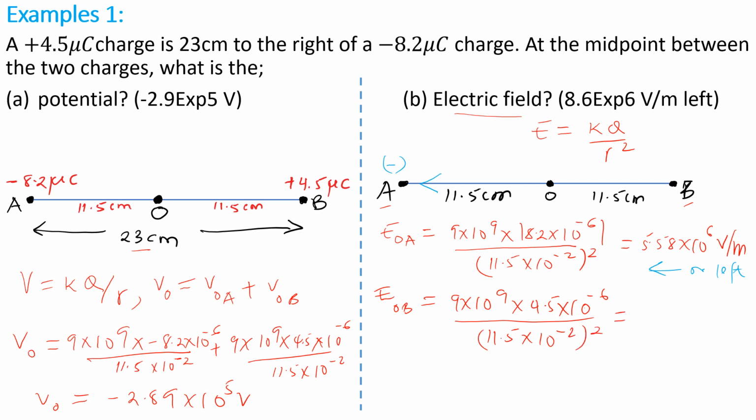If we feed it in the calculator, we are going to get 3.06 times 10 to the power 6 volts per meter. So that is the answer.